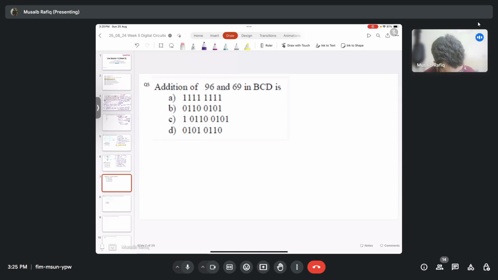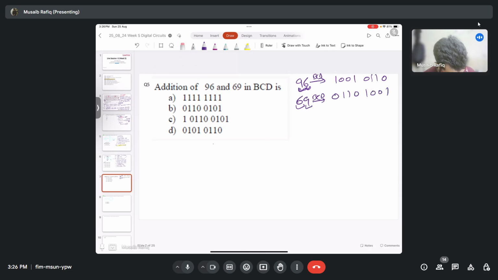So first we will write 96 in BCD. Taking the 9 first, 9 can be written as 1001 and 6 is written as 0110. Then 69 in BCD will be, first 6, so it will be 0110, and 9 will be 1001.